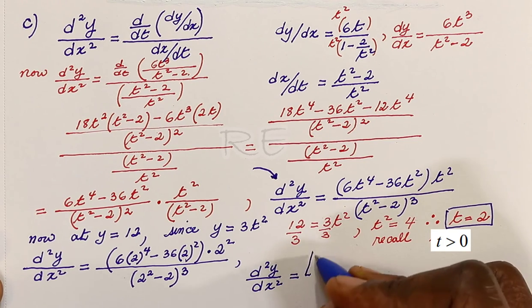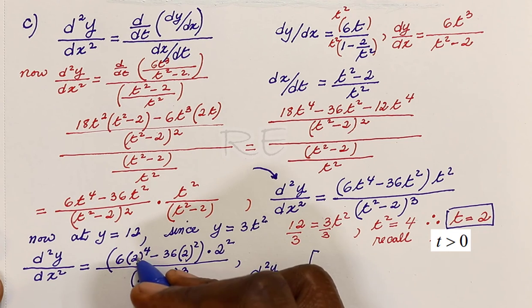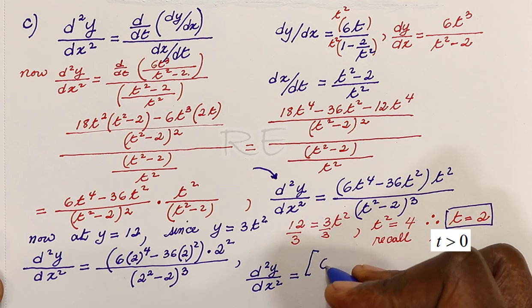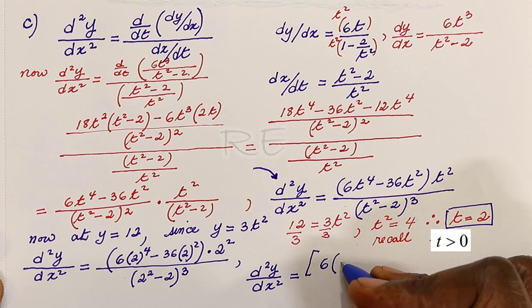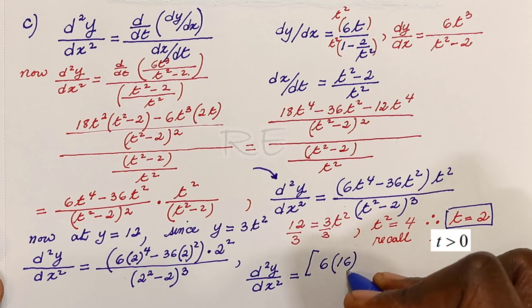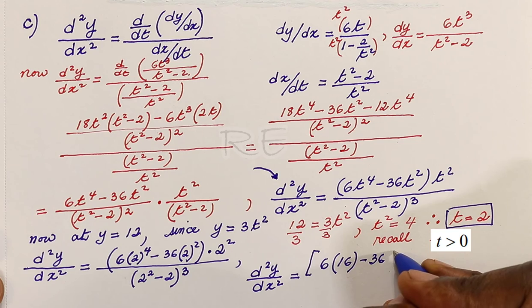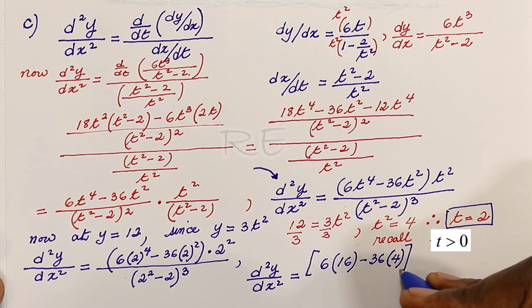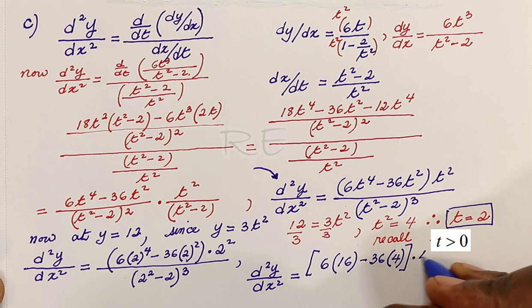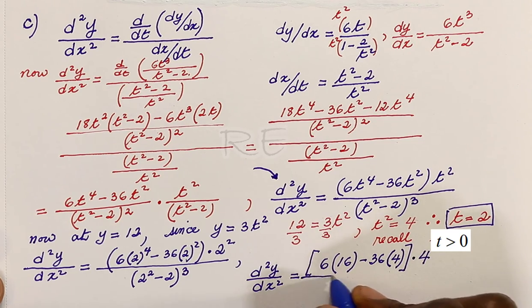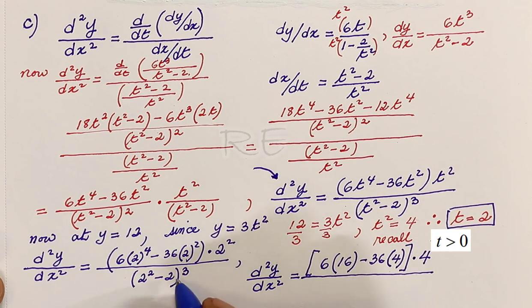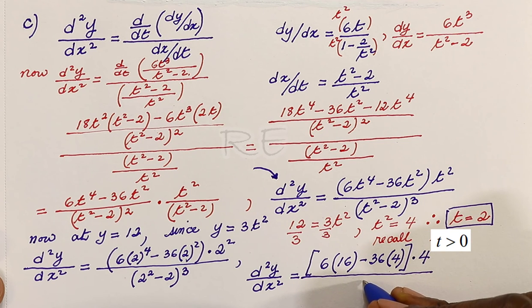It's going to be 6 times 2 to the fourth, which is 16, minus 36 times 2 to the second, which is 4. The whole thing is multiplied by 4, divided by 2 to the fourth, which is 4. 4 minus 2 is 2.